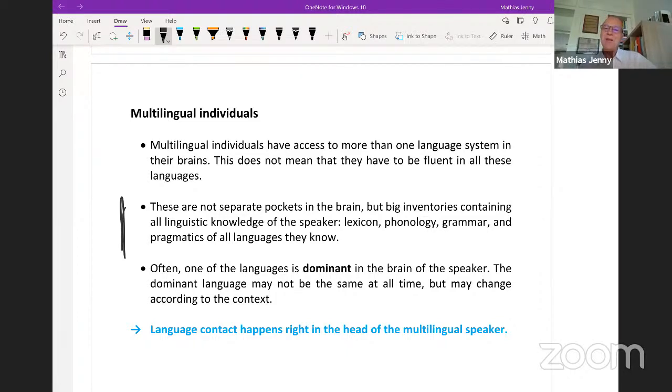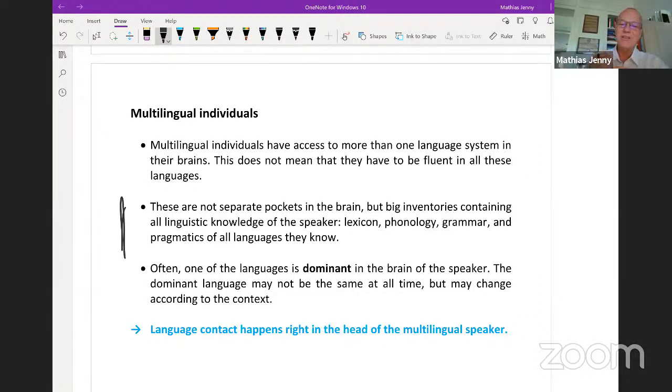That can also happen if actually your Burmese is much better than your English, if you're more fluent in Burmese than in English. But just the context can change the temporary status of English to dominant language. So this all happens in your brain.